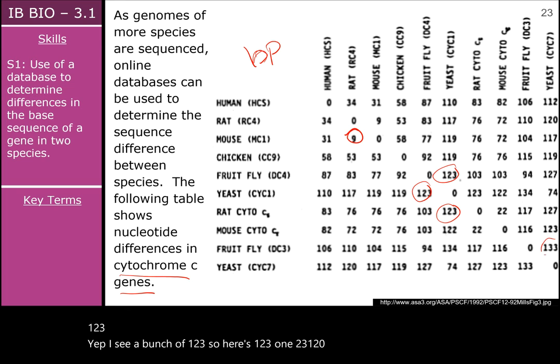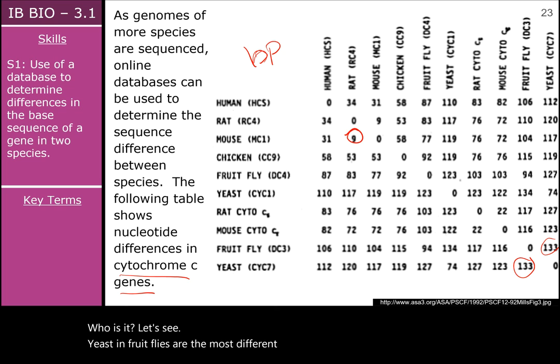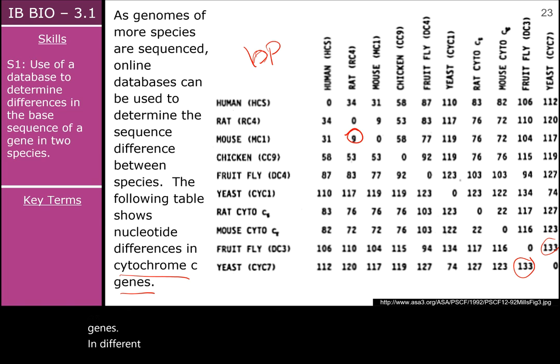Oh no, here we go, 133. So who is it? Let's see. Yeast and fruit flies are the most different, apparently. Interesting. So that's how you would use a table like this to compare differences between genes in different species. Same genes, different species.